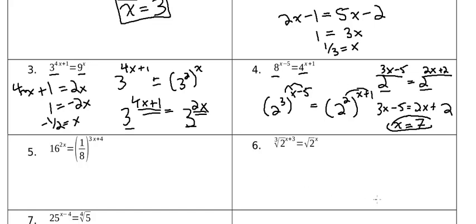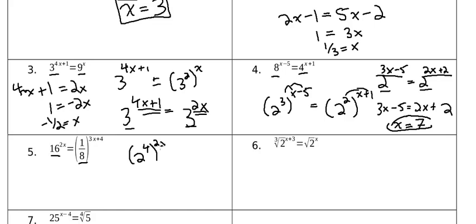Now for number 5, it doesn't look like we're going to be able to rewrite these with the same base. They're not the same base now. But I can write 16 and 1/8 with a base of 2. 16 is the same as 2 to the 4th power to the 2x.